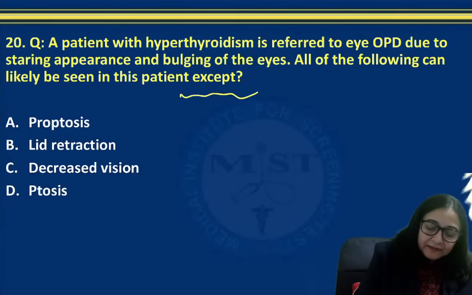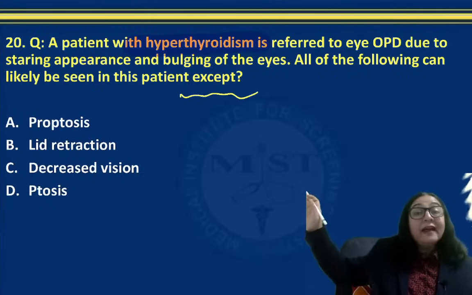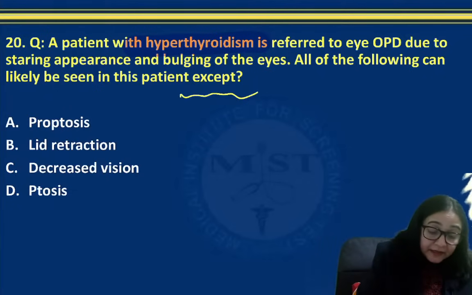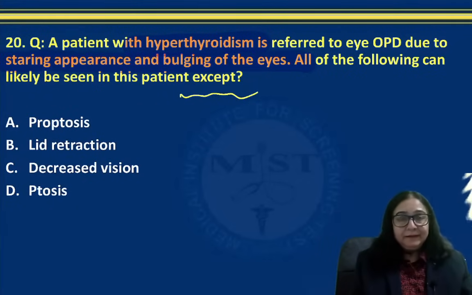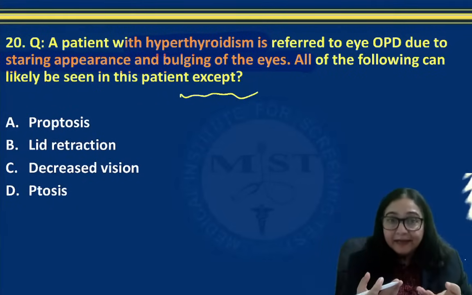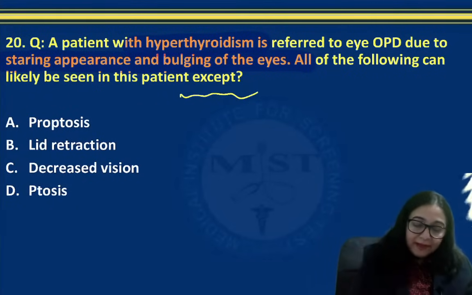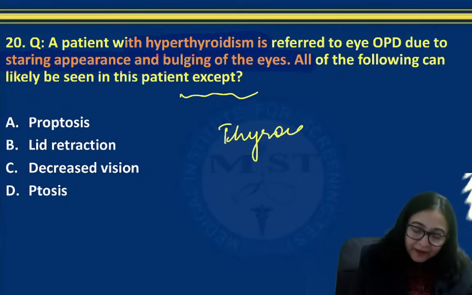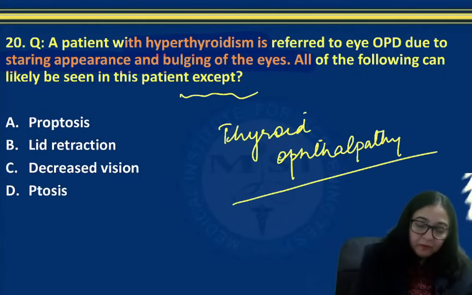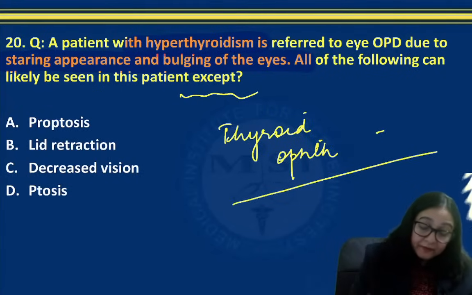So everything is written in front of you. Patient has hyperthyroidism, staring appearance and bulging of the eyes. So patient is having thyroid eye disease, or what we call thyroid ophthalmopathy. So in thyroid ophthalmopathy, there is a spectrum of signs and symptoms you can see. Oh, my ophthalmopathy spelling is a bit wrong here. Ophthalmopathy.